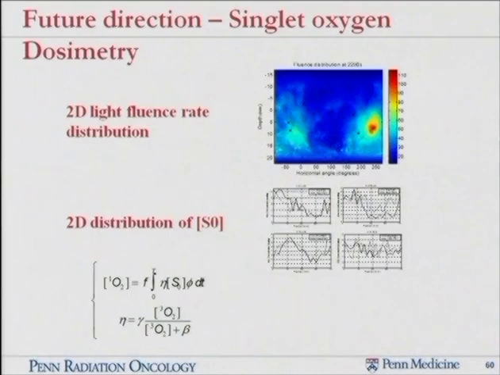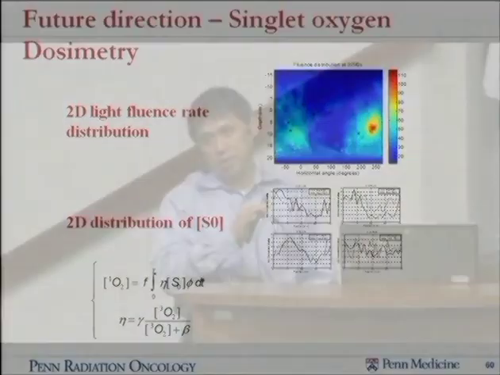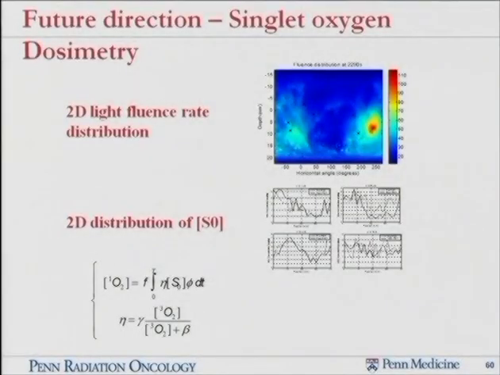So one can potentially determine this distribution in one measurement before PDT, and assuming it doesn't change through the treatment, one can determine this so-called reactive singlet oxygen by these simple formulas, which is a function of PDT dose.